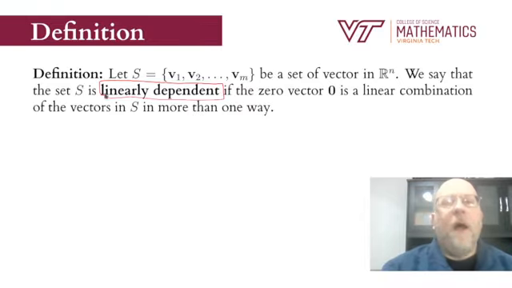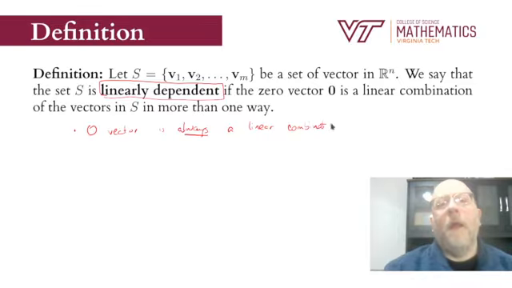So just summarizing a little bit, the zero vector is always a linear combination in this way: 0 is equal to 0 times v1 plus 0 times v2 plus up through 0 times vn.